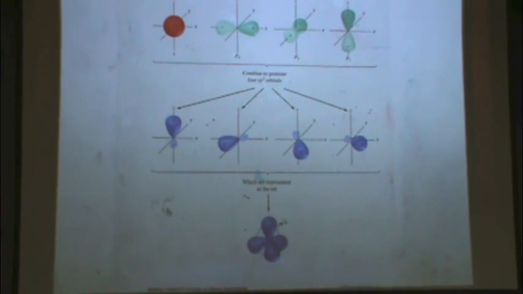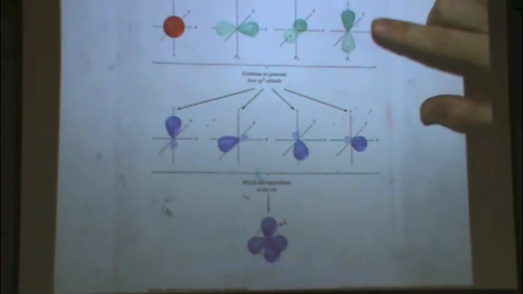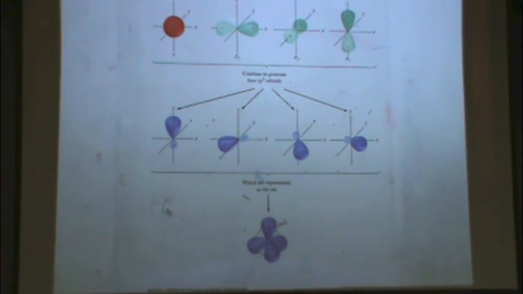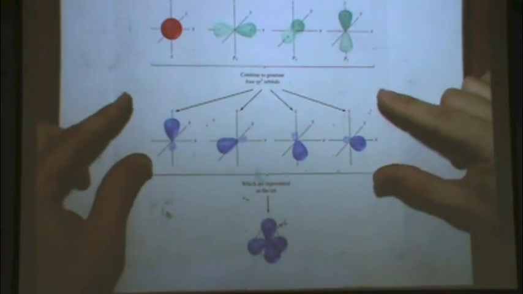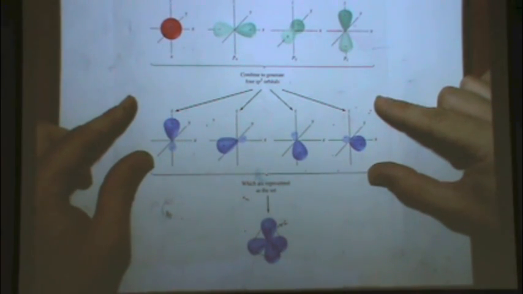So, when you mix 1 s, remember these are mathematical functions. From chapter 7, remember that crazy psi wave function with the radial and the angular part? Those are these, those are wave functions. Mathematically, if you put those together, you get these. Just adding functions.